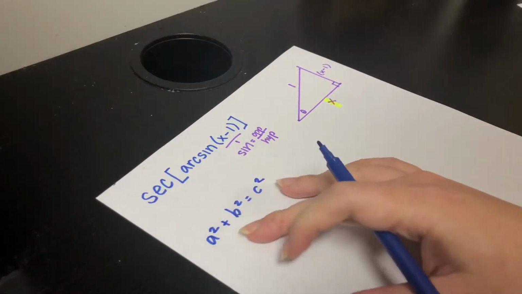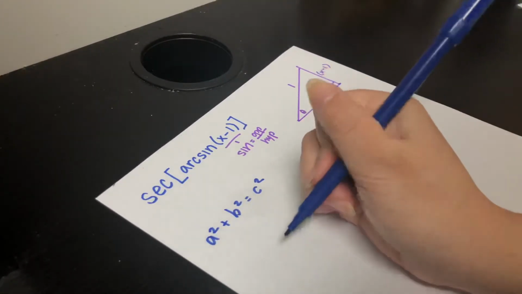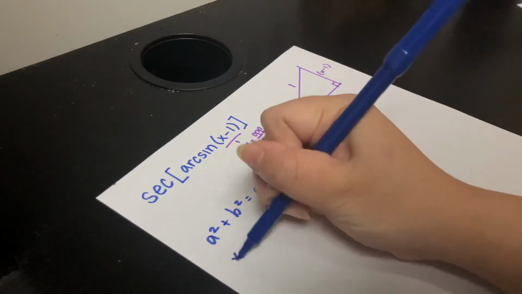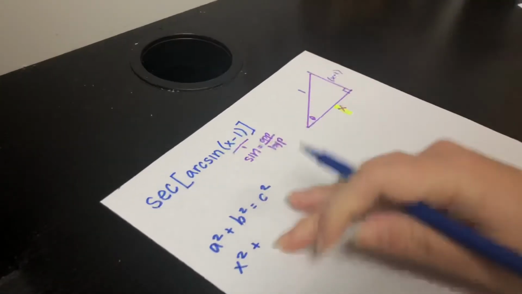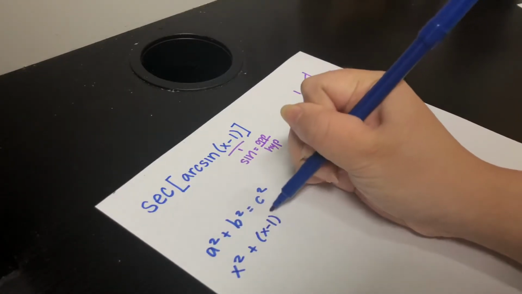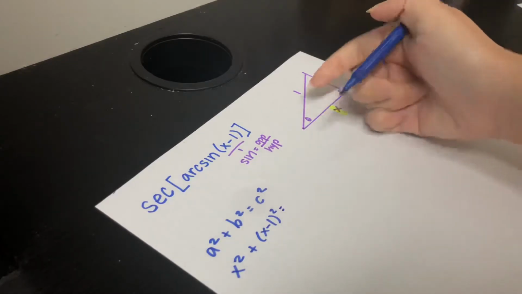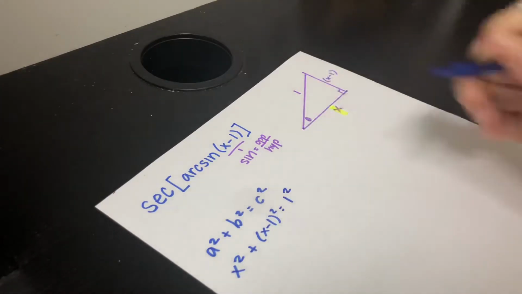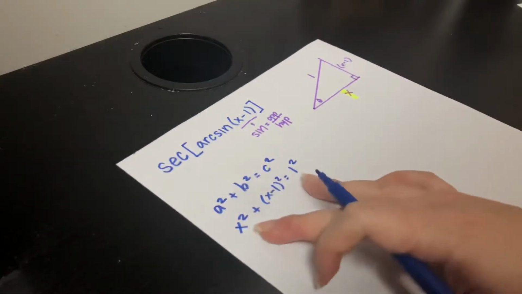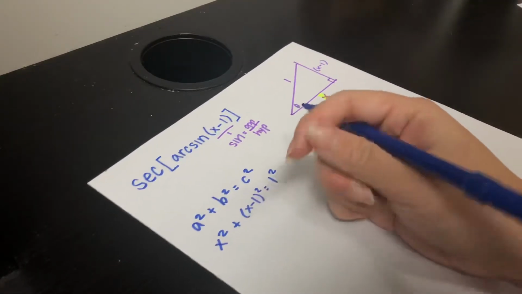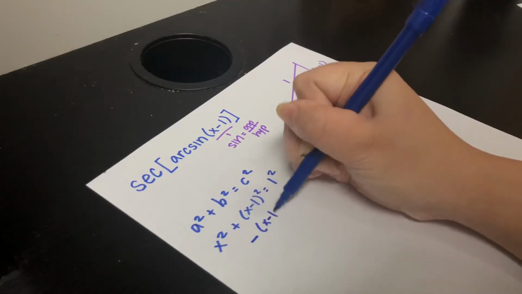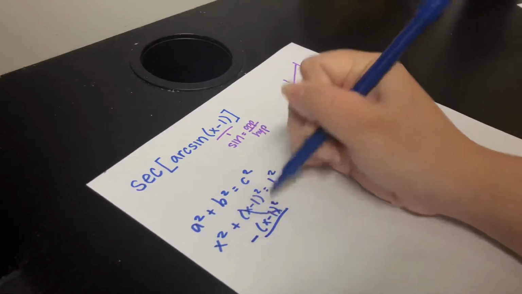So in this equation, a is x, so x squared plus b squared, which is x minus 1 squared, is equal to c squared, which is 1 squared. Since we don't want to overcomplicate this, we'll separate so that we can get x by itself, in which we subtract (x minus 1) squared from each side.